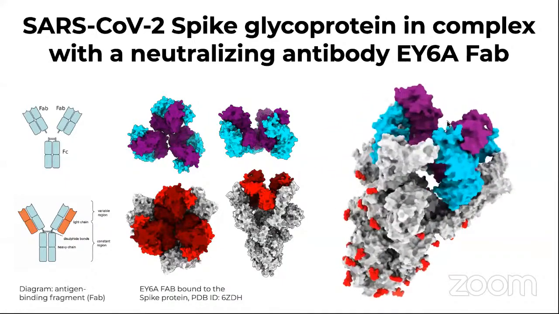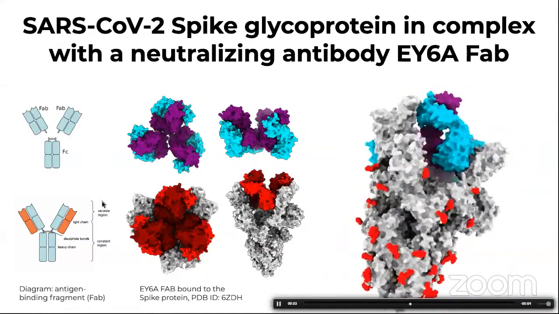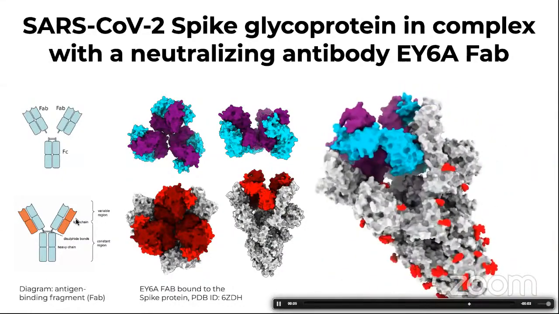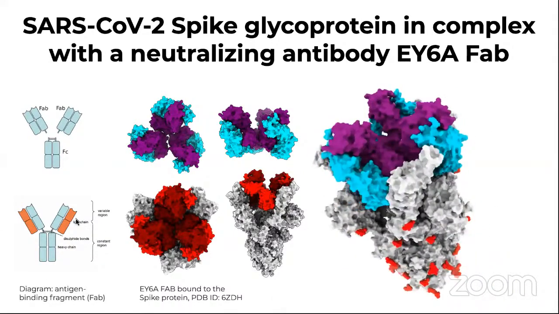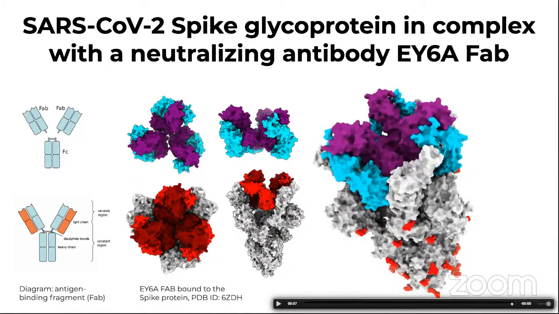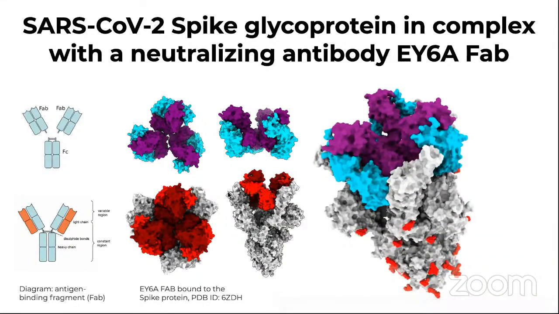Here it's showing the antigen binding fragments. There's the light chain, and this is the outside. The antibody keeps this protein inactive by blocking these receptor binding domains so they cannot access and bind to the ACE2 receptor.